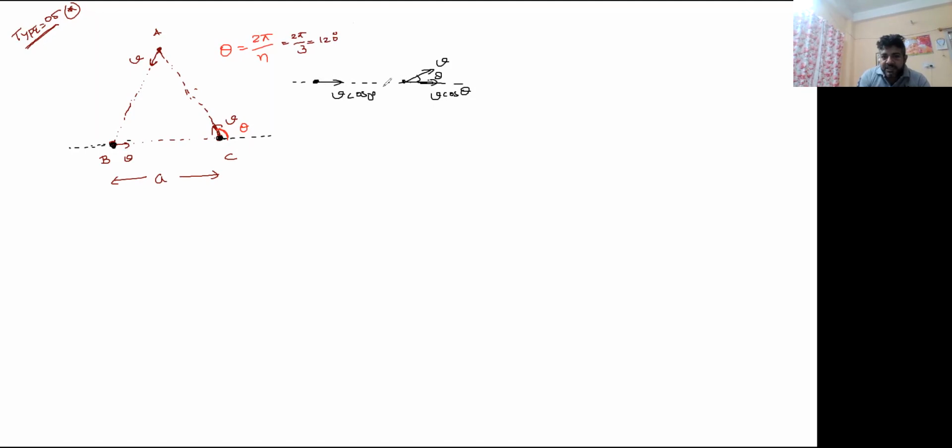Now, between these consecutive particles, let it be any one particle and any second particle, means two consecutive particles, matlab lagatar particle.